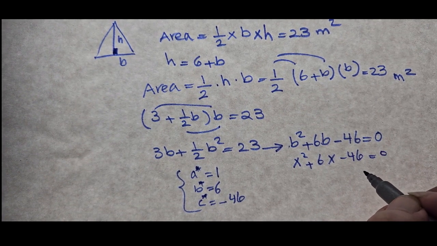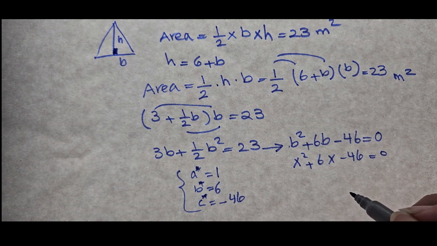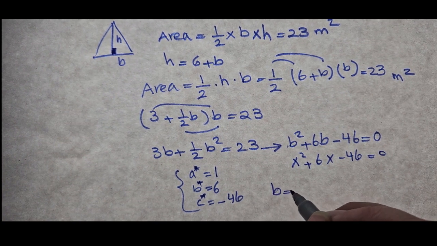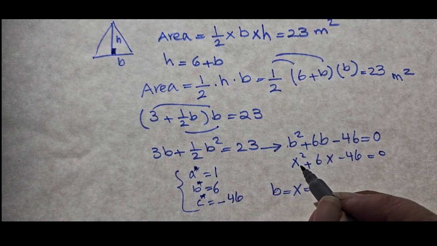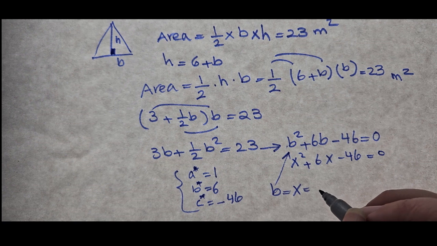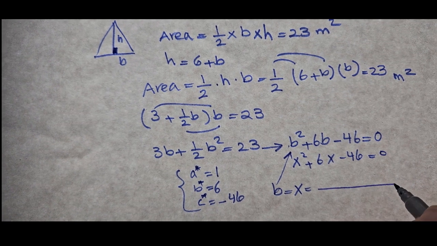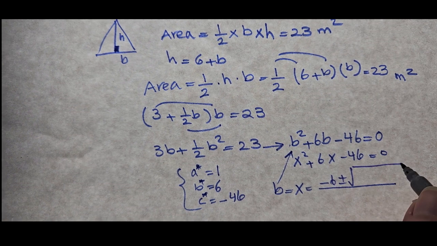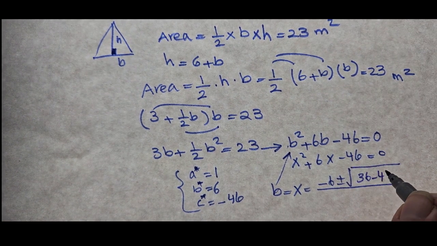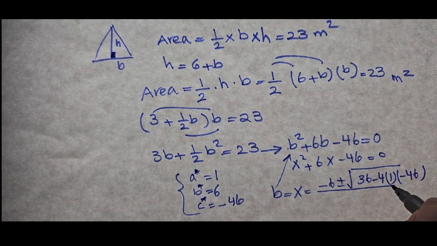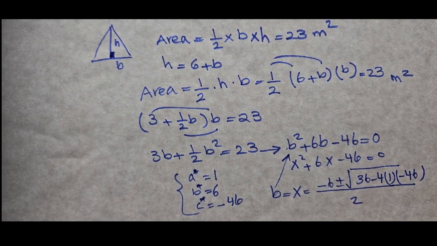46 is 2 times 23, so it's not an easy factorization. What I can do here, I would say b equals x. This b is the base, right? So it would be equal to negative b plus and minus the square root of b squared minus 4 times a times c, over 2 times a, okay?